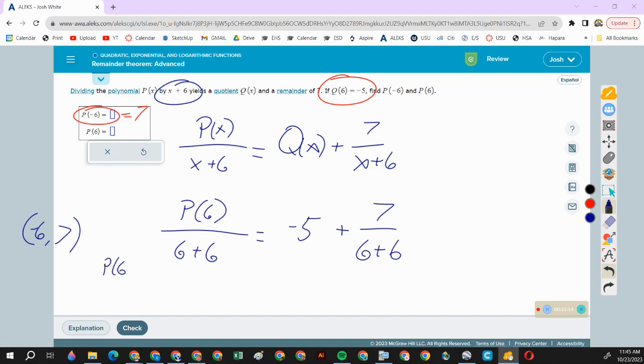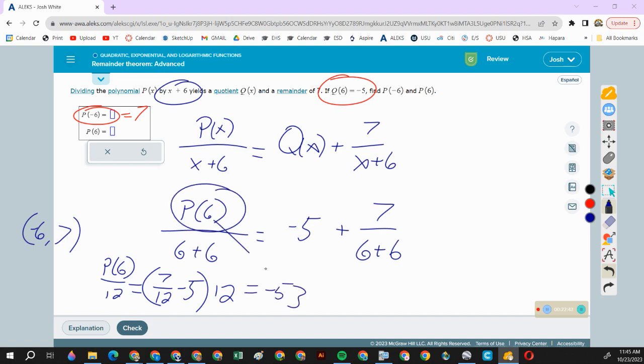So p of 6 over 12 is equal to 7 over 12 minus 5. So I just times this by 12. So 12 times 7 over 12 minus 5 gives me negative 53. So p of 6 is negative 53.